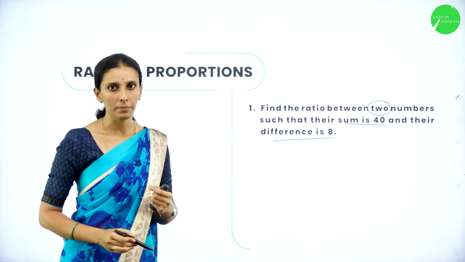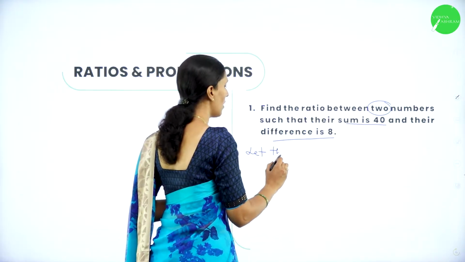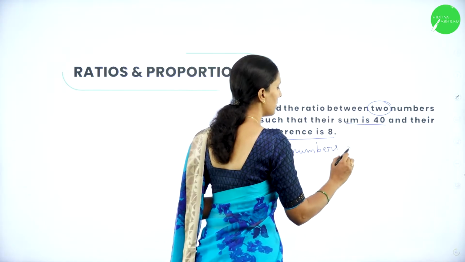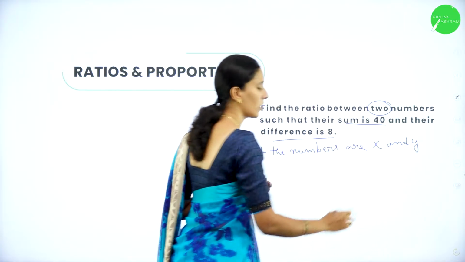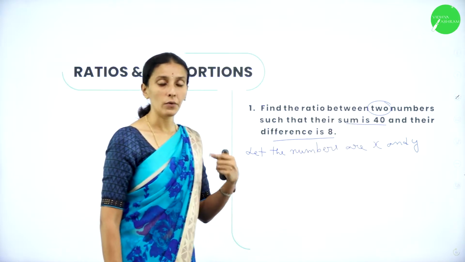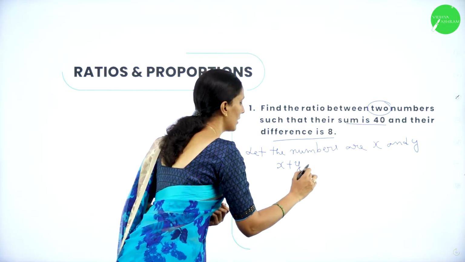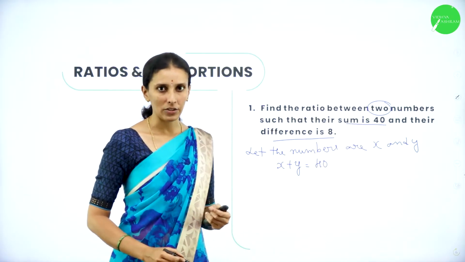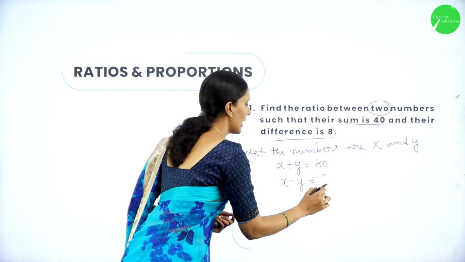I don't know what the numbers are, so let the numbers be x and y. They have given the condition that their sum is 40. What is sum? x plus y, that is 40. Next, their difference is 8, so x minus y is 8.